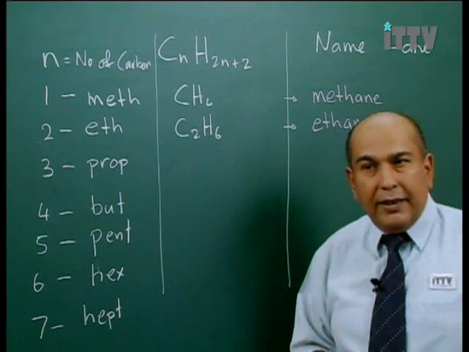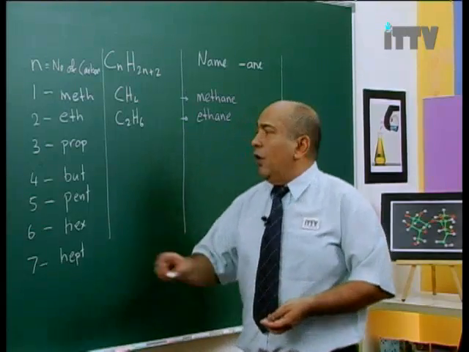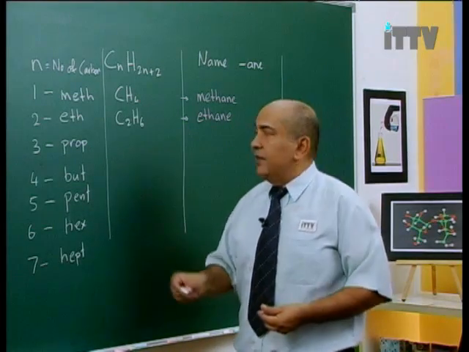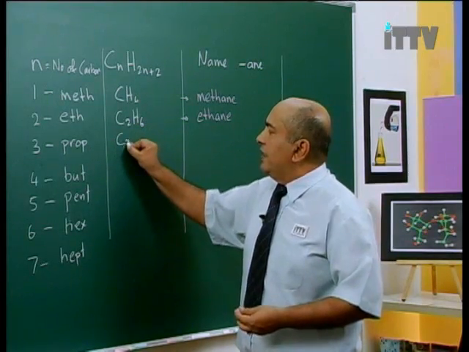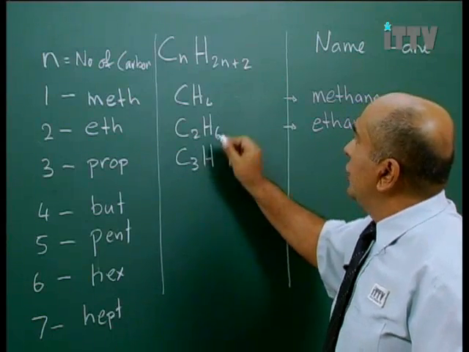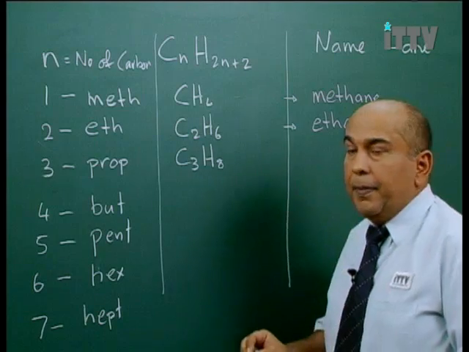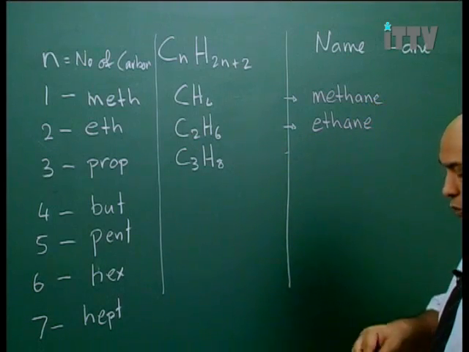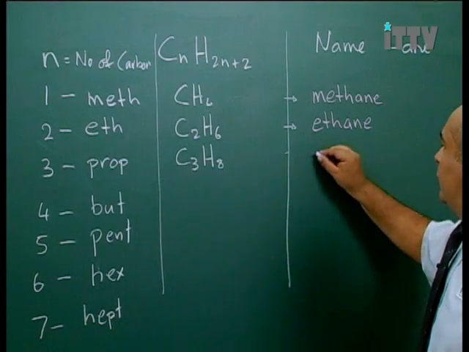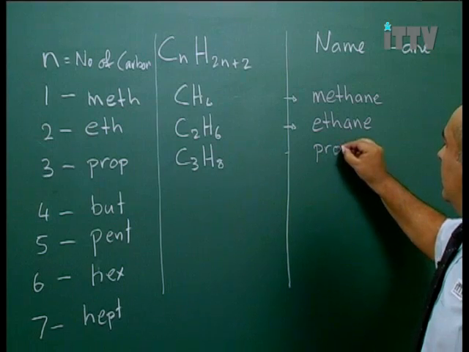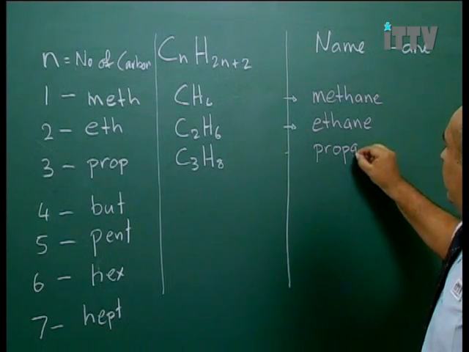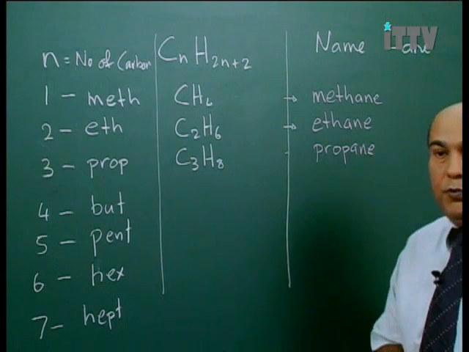Do you sort of get the idea? Let's quickly move along. Prop is 3 carbons. So our formula will be C3H, 2 times 3, 6 plus 2, 8. And when we name it, we take the name for 3 carbons, which is prop, and then we add ane, propane, like so.